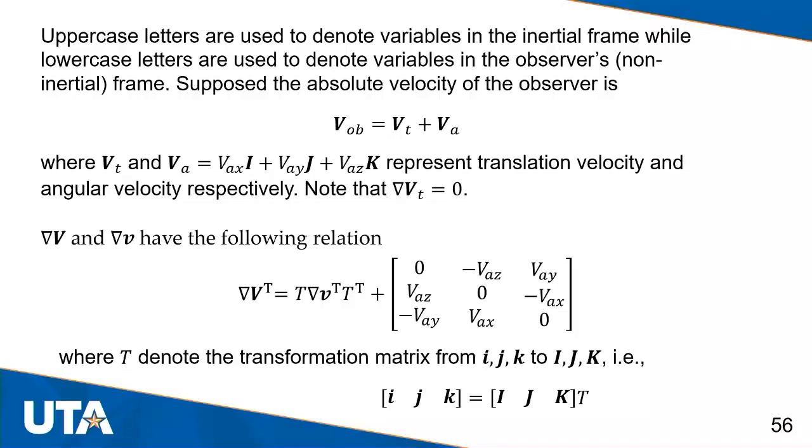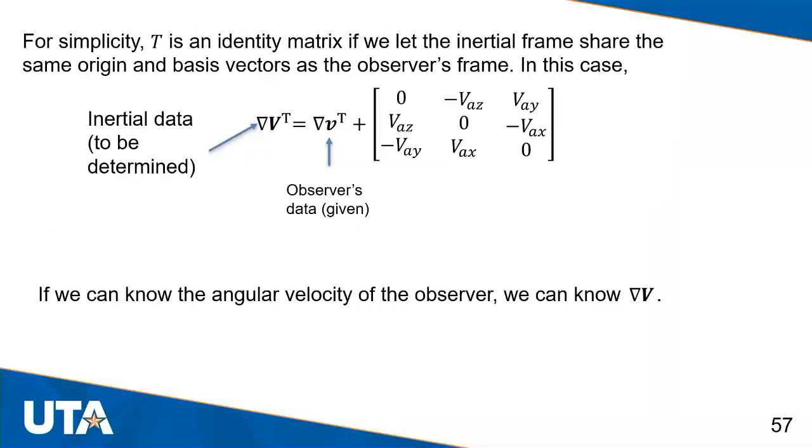And their velocity gradient has this relation. So the velocity gradient in the inertial frame is equal to this, and these are the observer's angular speed. Generally we have a transformation matrix T, but since we just need to find the result in any one frame, we can pick a special frame to simplify the process.